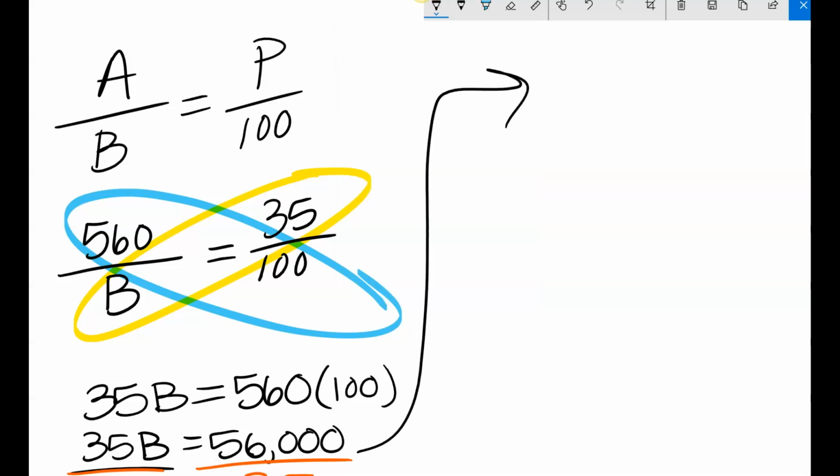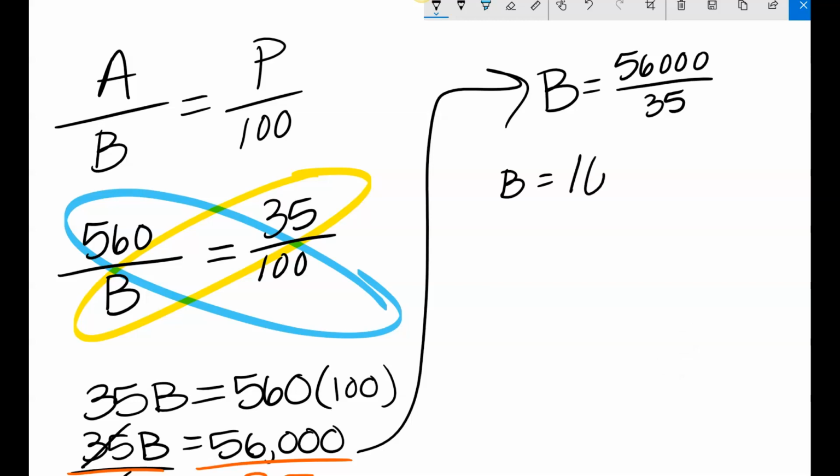So what that means is to get B by itself, I divided out the 35s. To get B, I'm going to take the number 56,000 and divide it by 35. So in your calculator, you want to make sure you're typing 56,000 as the first number, then type your division sign and then 35, and we still get 1,600.